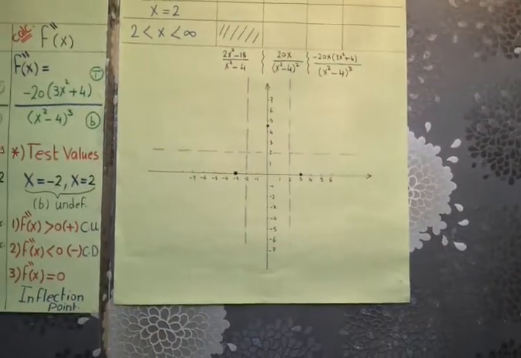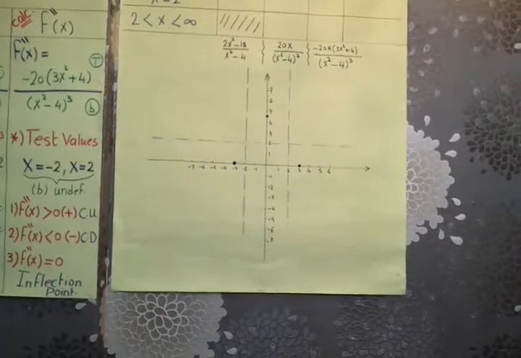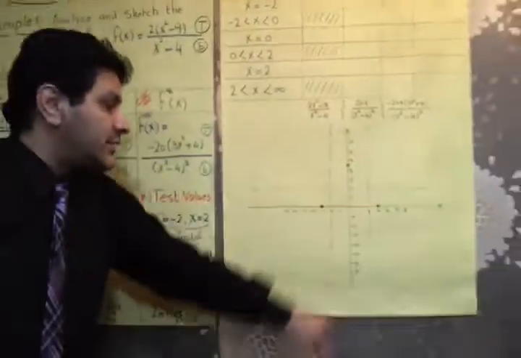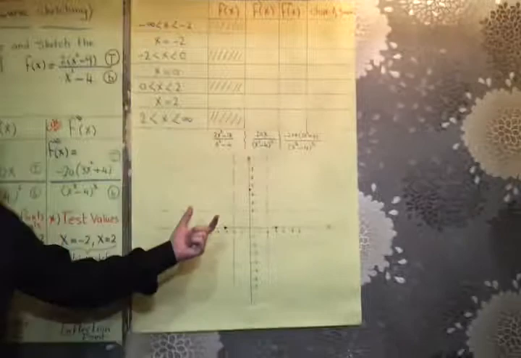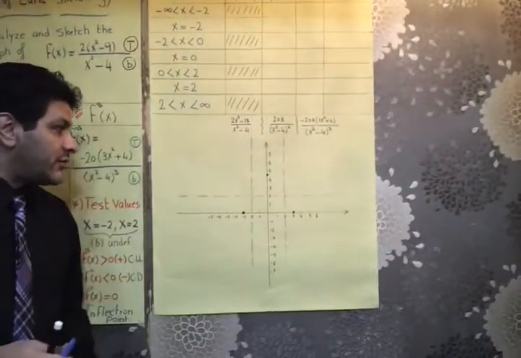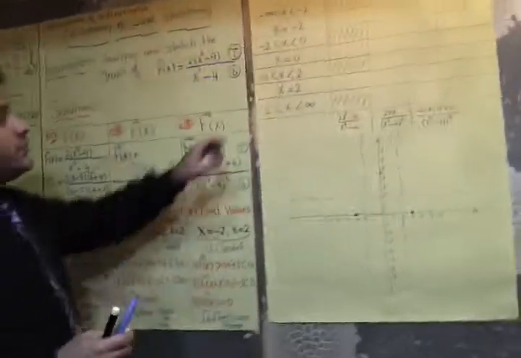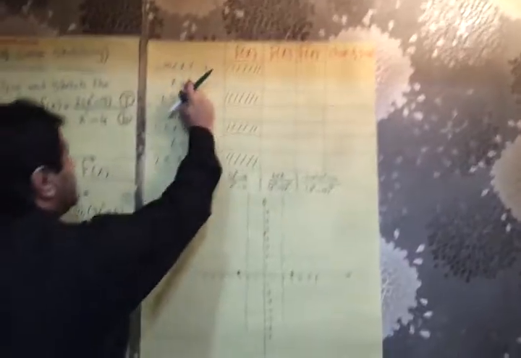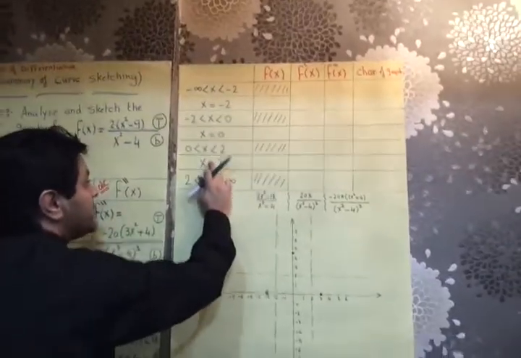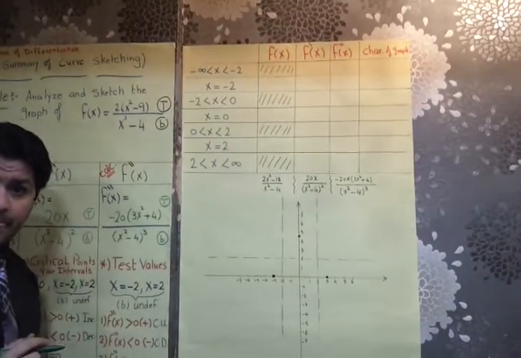So already we used all the steps 1, 2, 3, 4 to start to draw dashed lines and to determine which part we're going to use to graph. Right now I'm going to start to fill in the table. And how can we fill in the table? We have 1, 2, 3, 4, 5, 6, 7 intervals.